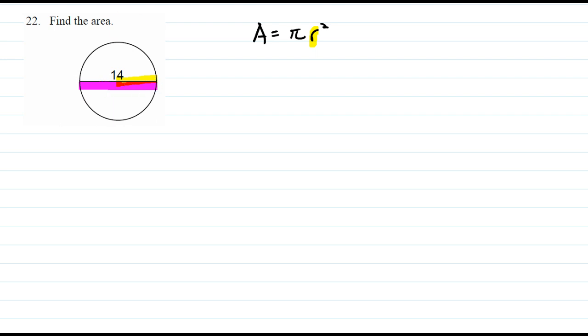So if the entire thing is 14, that would mean that the radius is 7. So it's going to be pi times 7 squared, and 7 squared is 49, and this time we're actually going to multiply it out by 3.14.